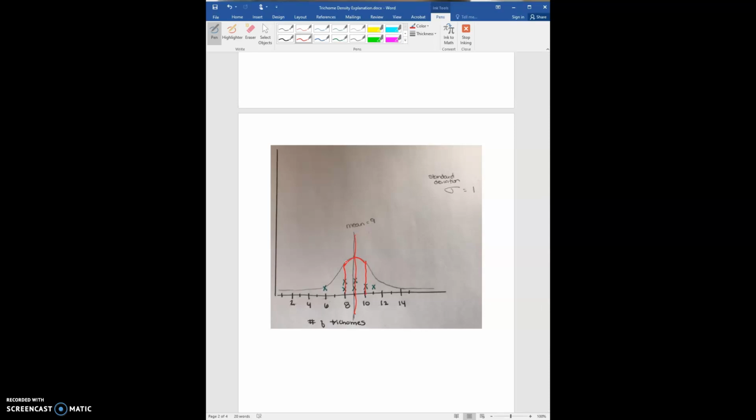But we're looking for 95% confidence. So we're going to go 1 more out, since our standard deviation or our standard error is here. We can say that 95% of our data is going to fall within this range. We have 1 data point out here that is not within that range, but we could say with 95% confidence that is where our trichome density would be.